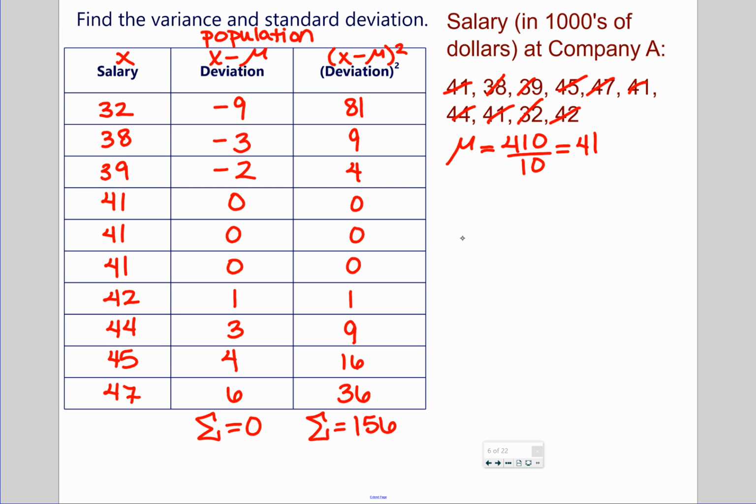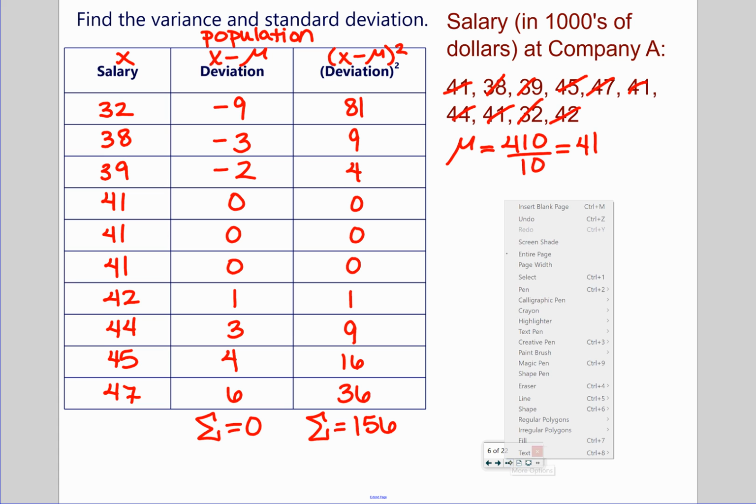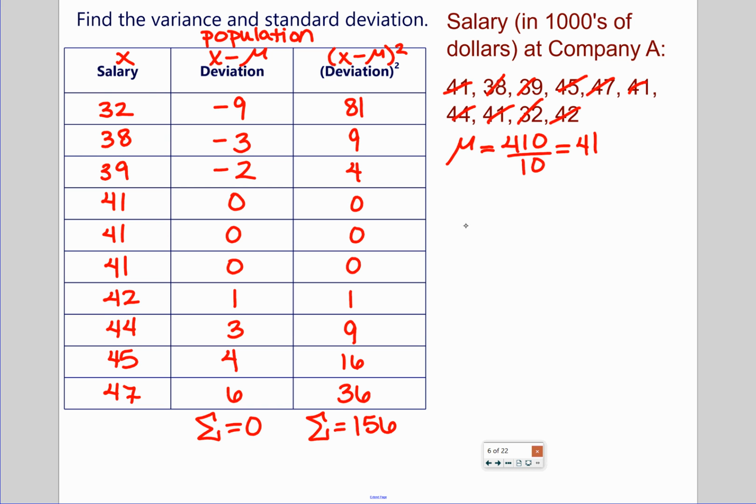All right, so to find my variance, I have everything I need now. Variance is the sum of my squares divided by n, where n is the number of data values I have. The sum of our squares was 156. That's what the table helped us get.